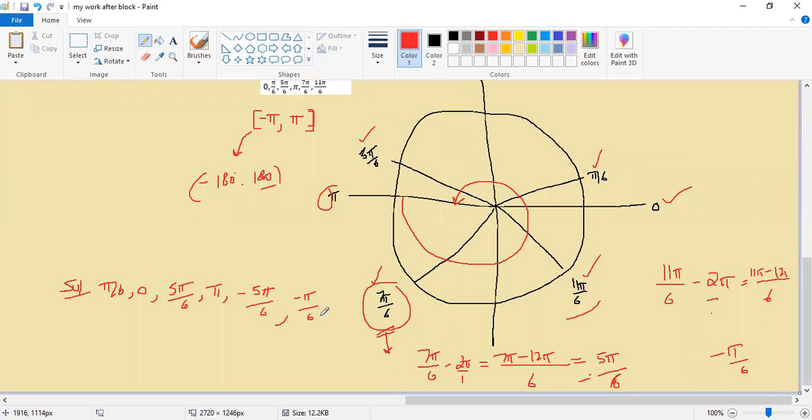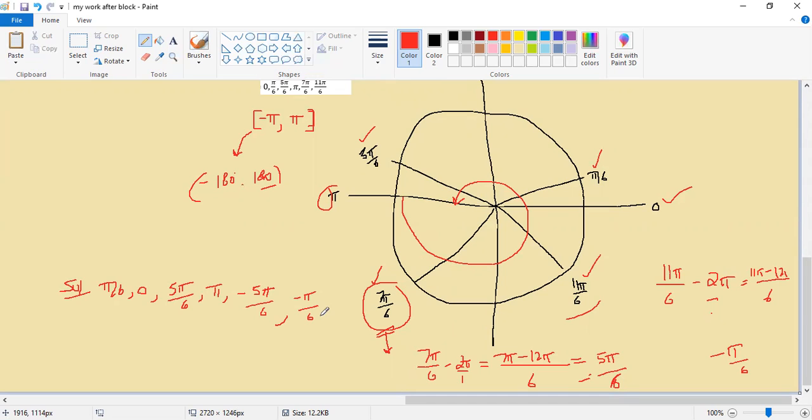And so we have these solutions now, basically all of them, that fall on the interval from negative pi to pi. And just sort of double checking here. Yeah.